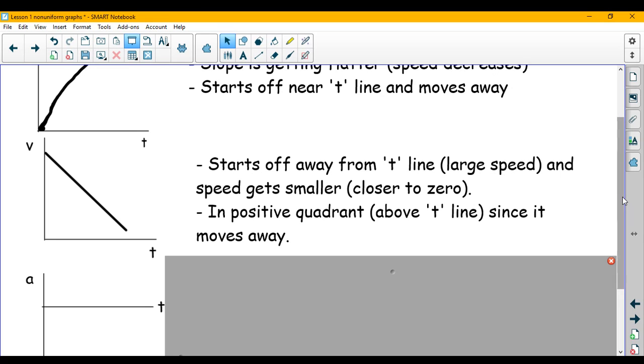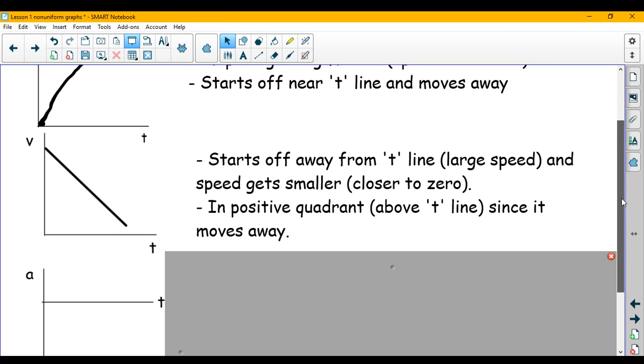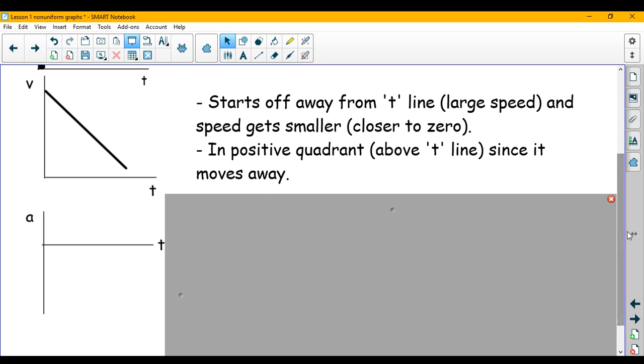Now, the last one is the acceleration time graph. This is going to be a flat line again, right? It's going to be a line that is horizontal. But now when I look at the VT, remember I said the velocity time graph will always show you what the acceleration does. In this case, we now have a downward slope, which means we have a negative acceleration.